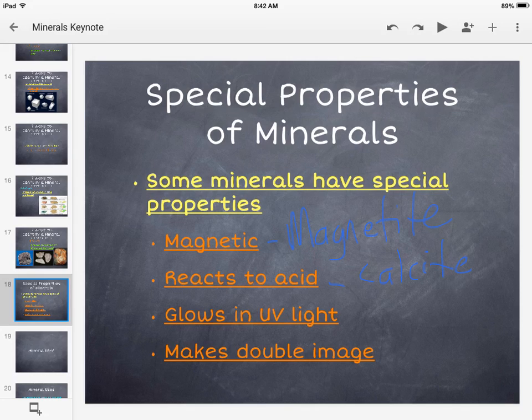Some of them glow in UV light, like fluorite. And some of them make a double image, which means you can look through it and you'll see double when you look through it. There are more special properties than this, and not every mineral has a special property, but this is something that can separate minerals out if you get down to the end and you can't figure out which one is which.